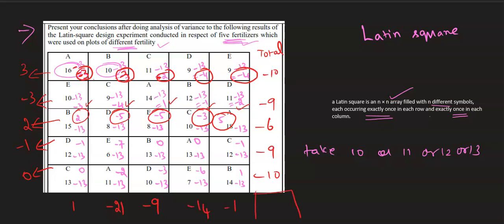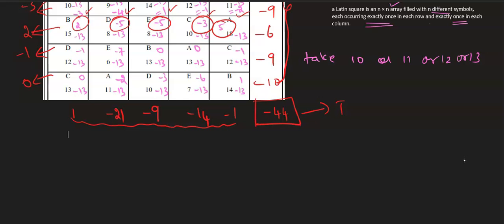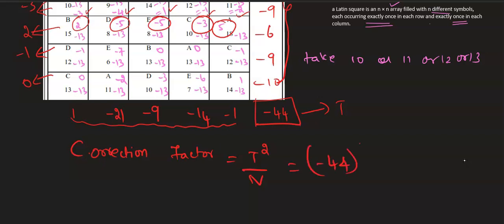Remember, when we add both, you should get the grand total, which is minus 44. Add all these things, you will get minus 44. Similarly, add all these values, you will get minus 44. From this, we will find the correction factor. Always the correction factor formula is T square by n, which is going to be positive because we are squaring it.